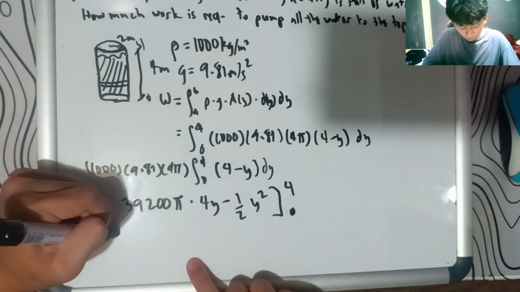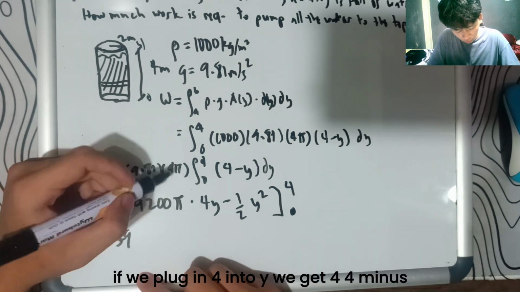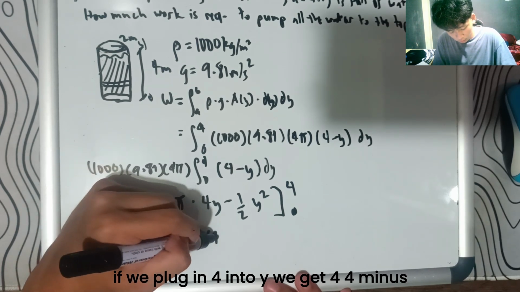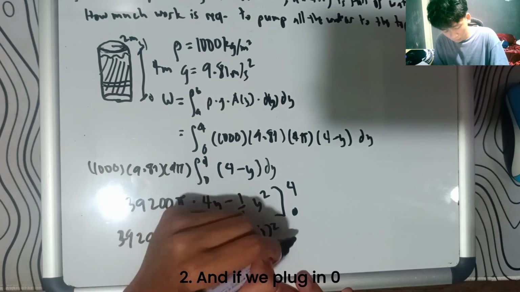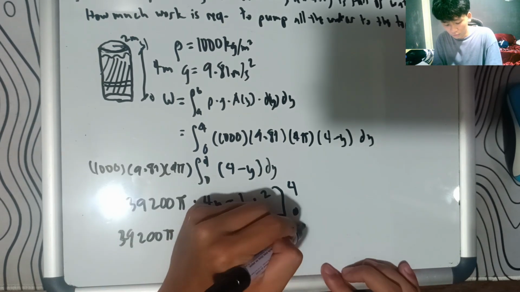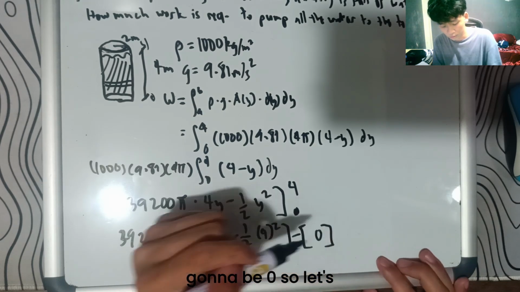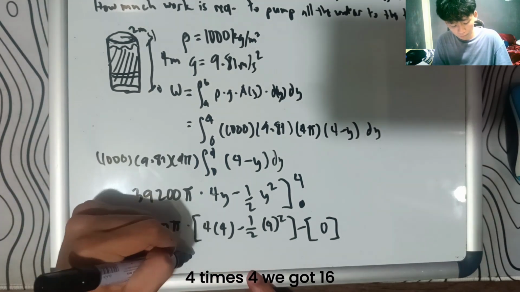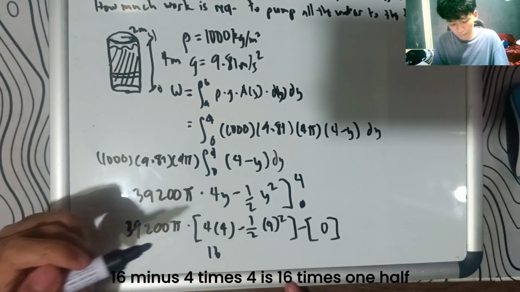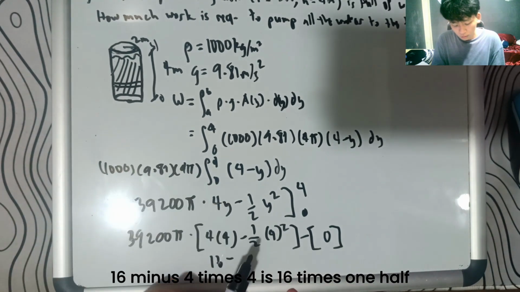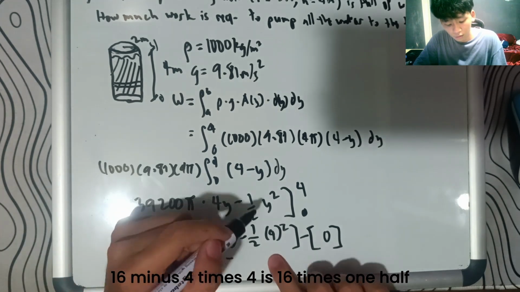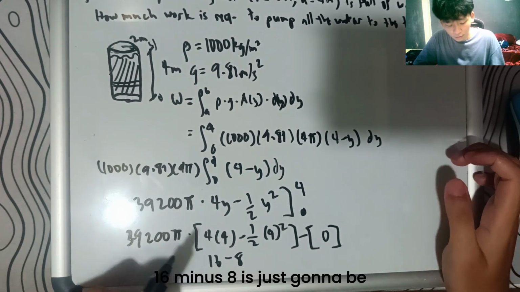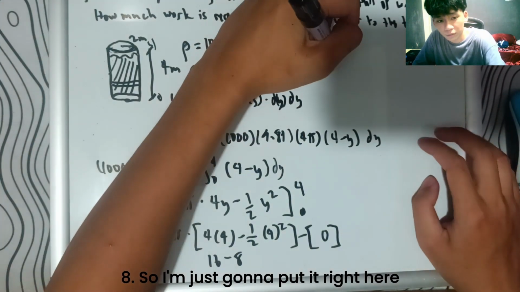Plugging in, if we plug in 4 into y, we get 4 times 4, which is 16, minus 1/2 times 4 raised to 2, which is 4 times 4 is 16 times 1/2 is 8. And if we plug in 0, all of it is just going to be 0. So 16 minus 8 is just going to be 8.